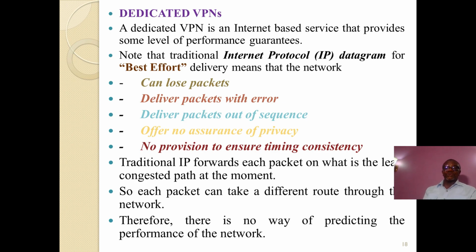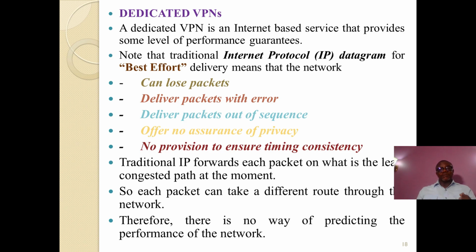But along that route, it can meet some difficulties and lose packets. It can meet some difficulties and finally deliver packets with error. It can meet some circumstances and finally deliver packets out of sequence. And it can not offer any privacy, any person can intercept it.